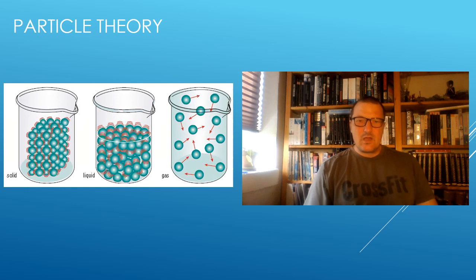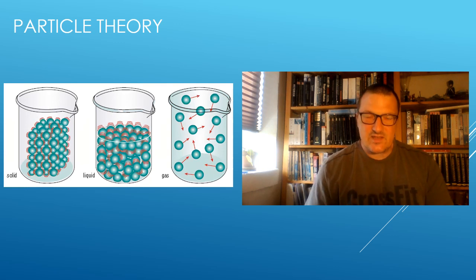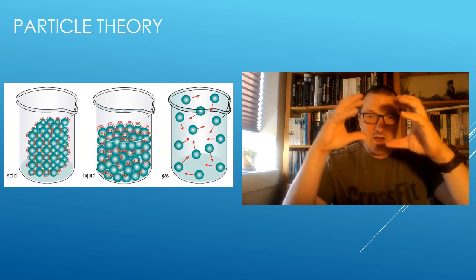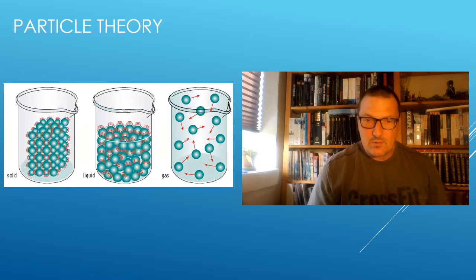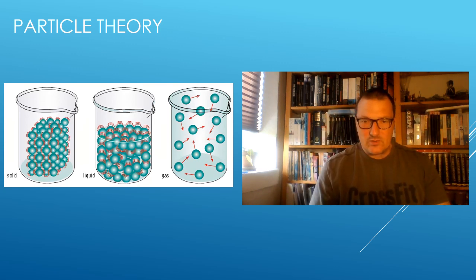If we start with the case of water, since it's marine science, we start with the solid phase, that's our ice. In our ice, our molecules are packed closely together. They are not moving very much, just vibrating against each other. It also means that my ice has a fixed shape. It has the shape of the ice cube or whatever it is in, because all the molecules have been held in place.